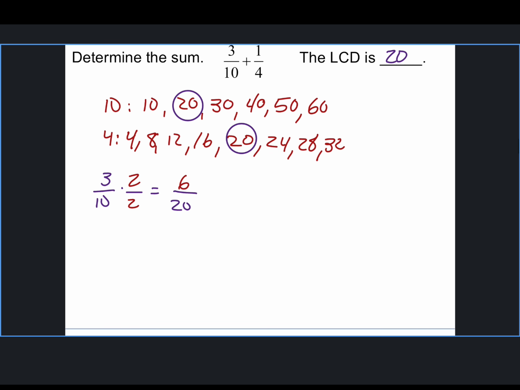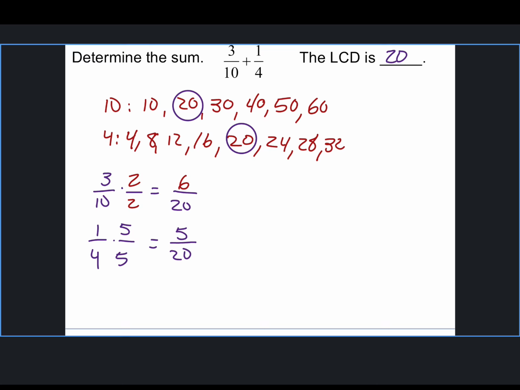So how do we change 1/4 into 20ths? It's 5. What goes in the numerator? Also 5. 1 times 5 is 5. Very good.